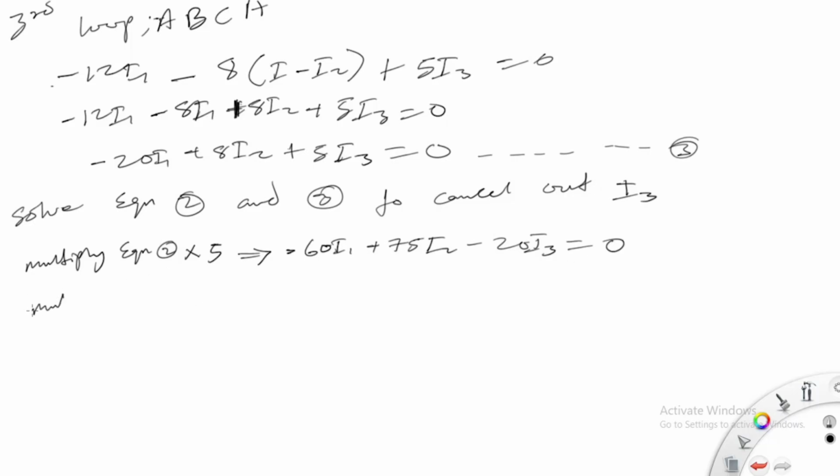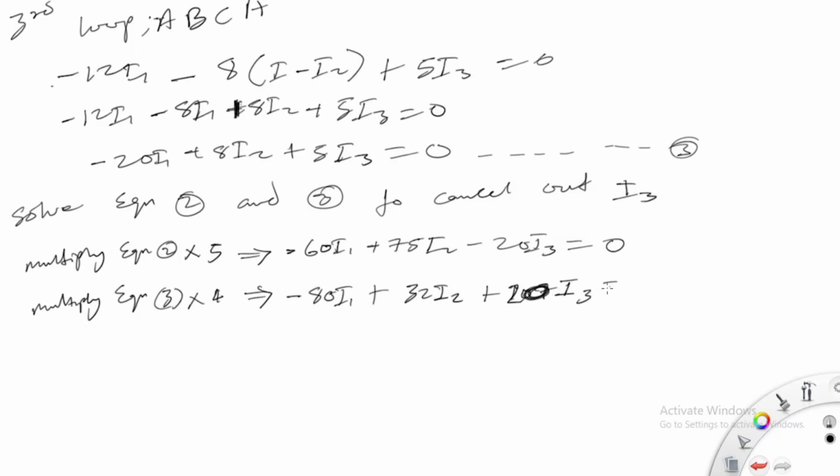Secondly, we would multiply equation 3 by 4. I think multiplying it by 4 would give us what we're looking for: minus 80I1 plus 32I2 plus 20I3 is equal to 0.